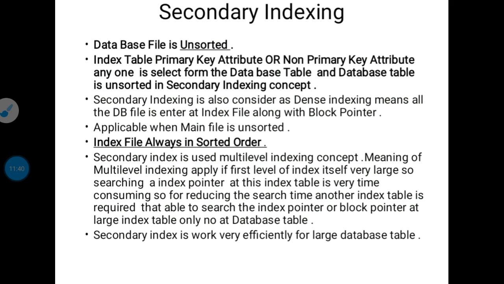But in secondary indexing, we use more than one index table for better and efficient searching of the particular block as well as the particular record stored in physical storage. So that's why this is considered under the multi-level indexing concept. And secondary indexing is very efficient for large database tables. So these concepts and points are very important for secondary indexing.